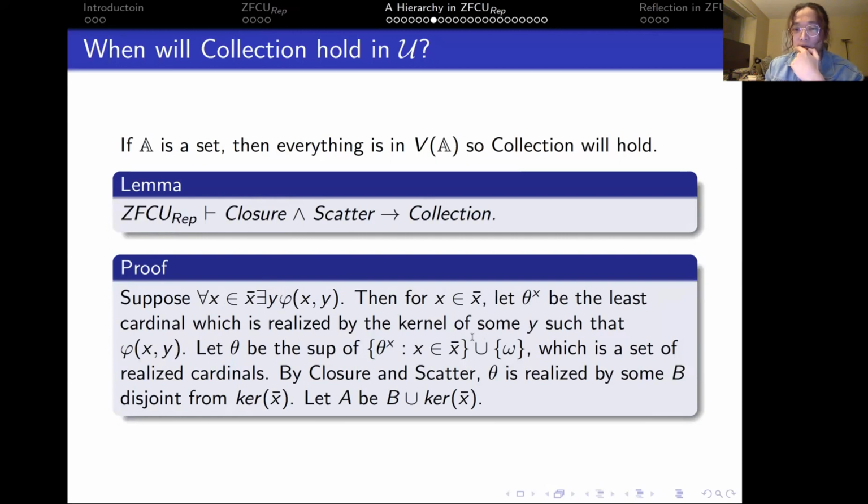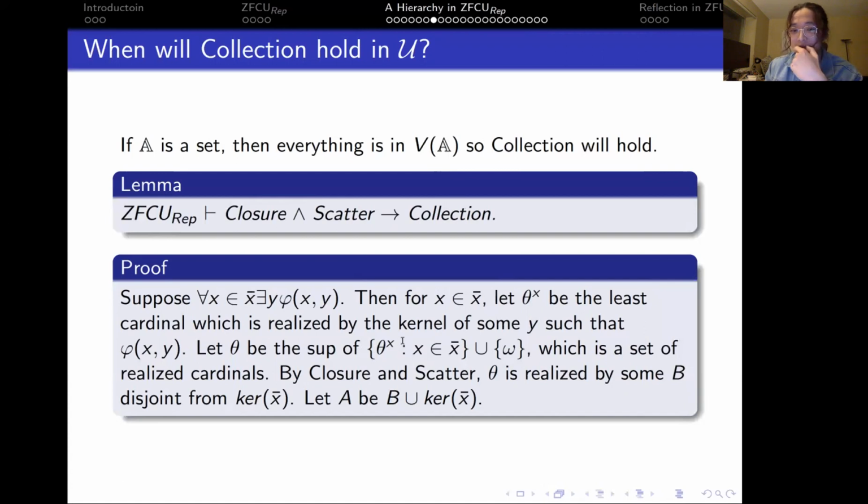And we may assume omega is realized, because we may assume the urelements do not form a set, otherwise collection will hold by the earlier observation. So the class of urelements will be a proper class. In that case, for every finite number n, n will be realized. So by closure, omega will be realized, so every cardinal in this set will be realized.